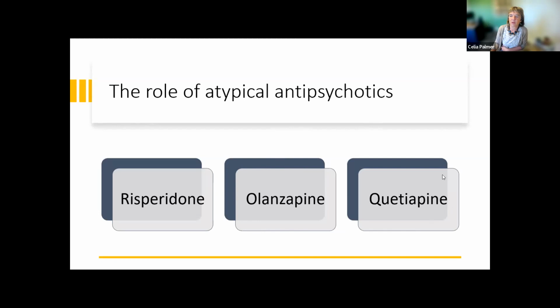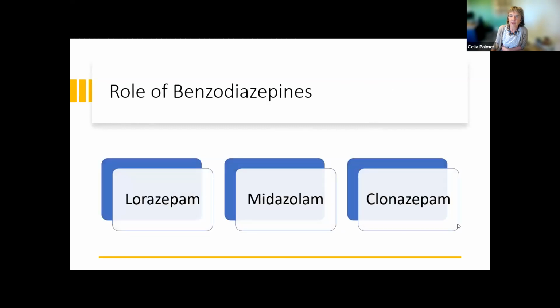And quetiapine, which I know many of you GPs will be using infrequently, is something that we're starting to see used more in palliative care. The role of benzodiazepines and doses will often be hotly debated amongst palliative care physicians, but I guess it's all about starting low and going slowly and using the minimum dose that we need to manage the situation.